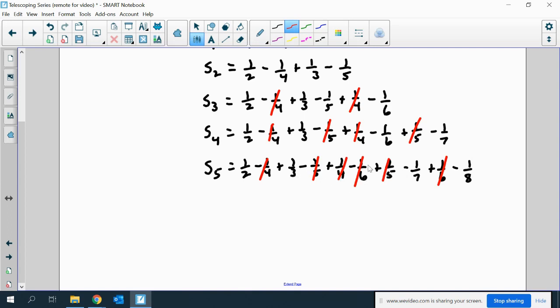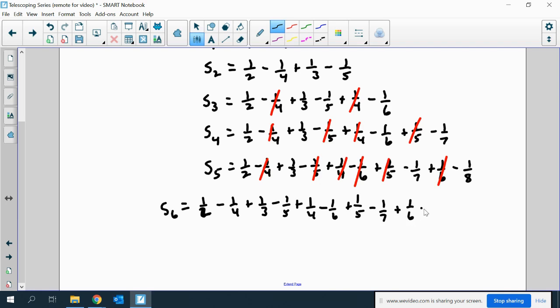And then we can continue. I'll do one more just to see what's happening. So 1/2 minus a fourth plus a third minus a fifth plus a fourth minus a sixth plus a fifth minus a seventh plus a sixth minus an eighth plus a seventh minus a ninth.